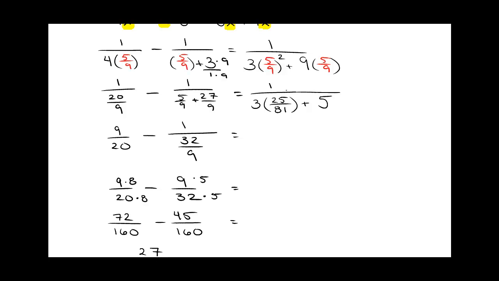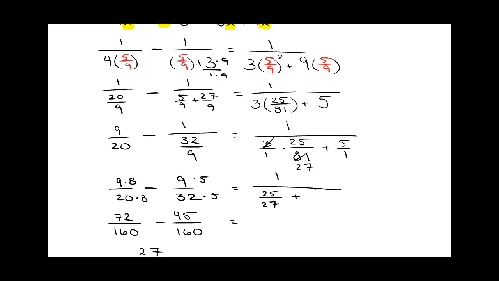And then I'm going to have here 3 times 25/81, but 81 has a common factor of 3. So I'm just going to go ahead and write here 27. So now I've got 1 over 25/27 plus 5/1. Let's multiply by 27 to get an LCD here.